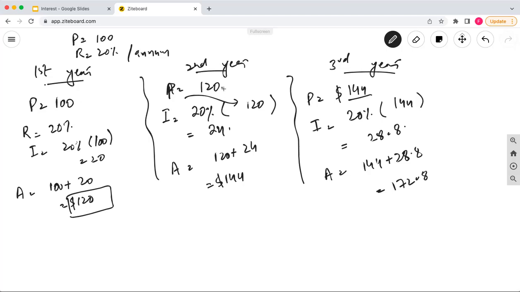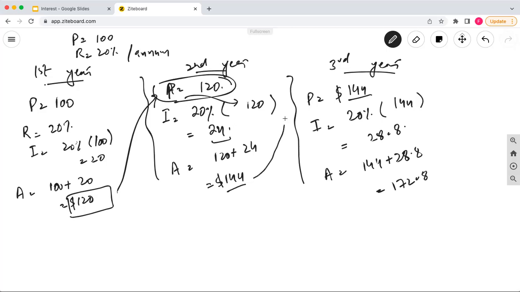Now at the start of the second year, our initial value is 120, and the interest is 20%, and this is compound interest. That's why we consider 20% of this value at the start of that year, including the interest and the principal amount of last year. That came out to be 24, and the total value at the end of that year is 144.